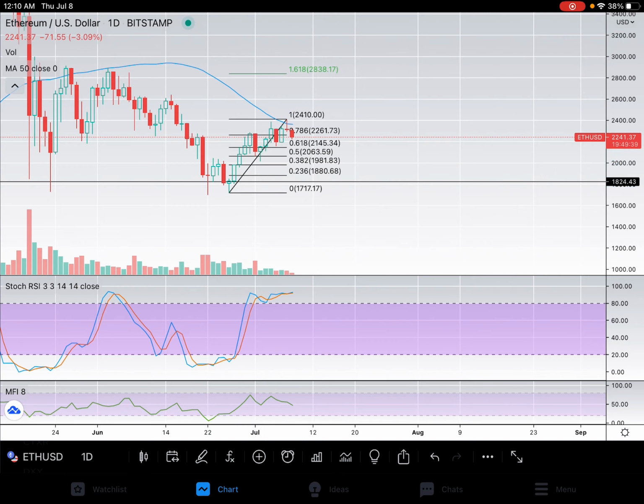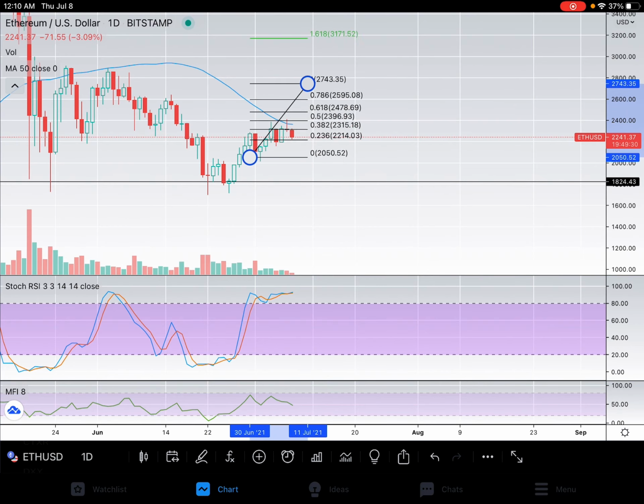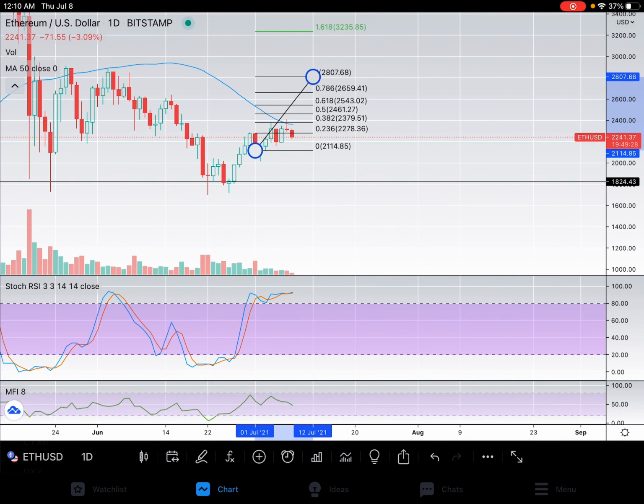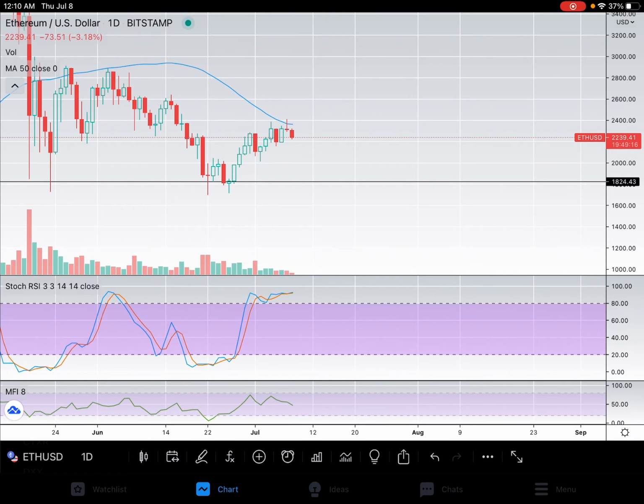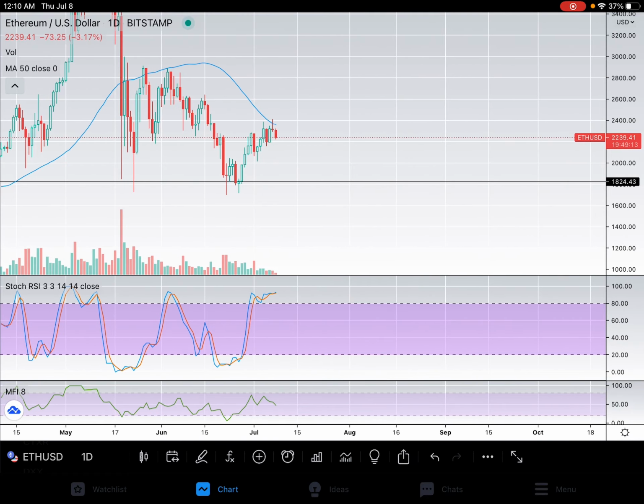Then at that 2838 level, we could retrace down again, maybe back to 23, probably test the 50, and then it goes back up to 3K. It's gonna go to 3K soon, I think. Hopefully, I'm not wrong.